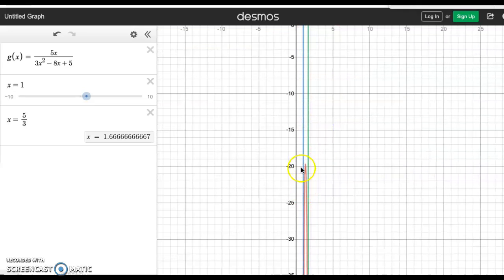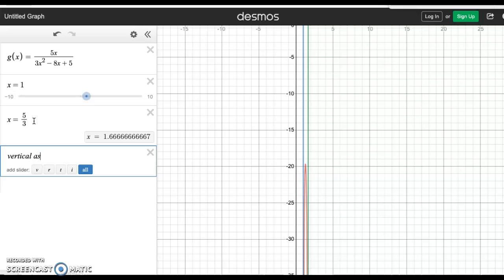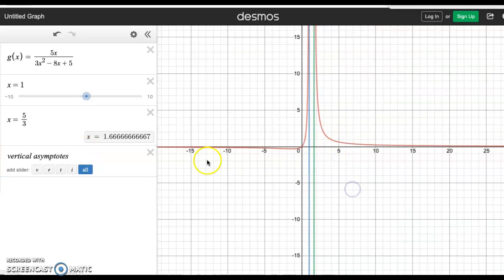You can actually see there's a little piece of the graph below the x-axis between those two. Those are called vertical asymptotes. Vertical asymptotes are these vertical lines. Now, we don't always have vertical asymptotes when we set the denominator equal to 0, but sometimes we do. So that's exactly what's happening on this problem.